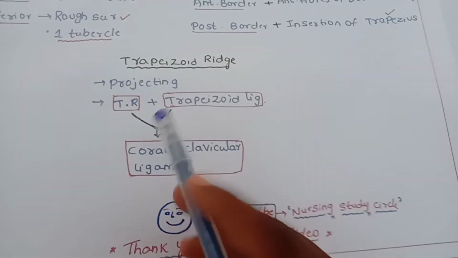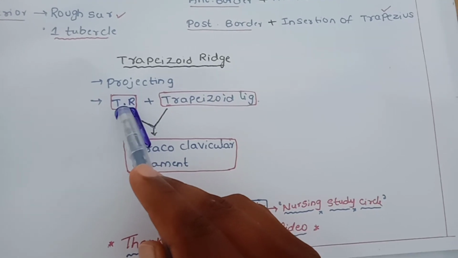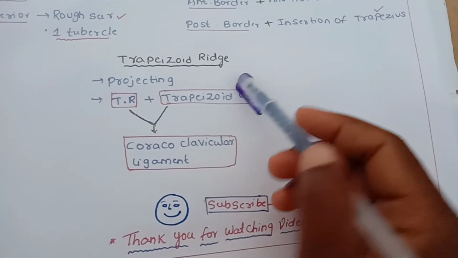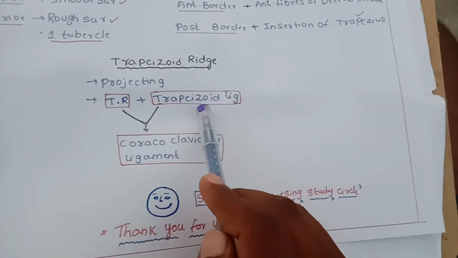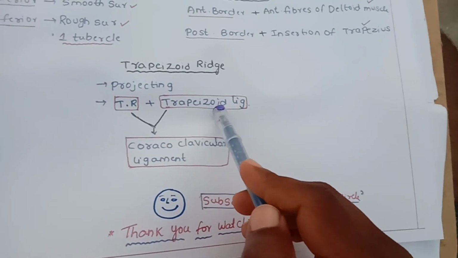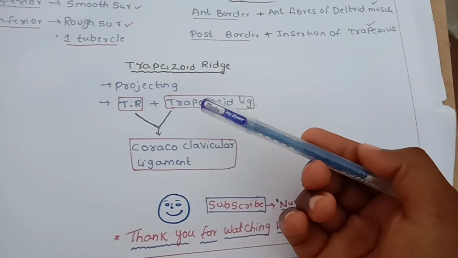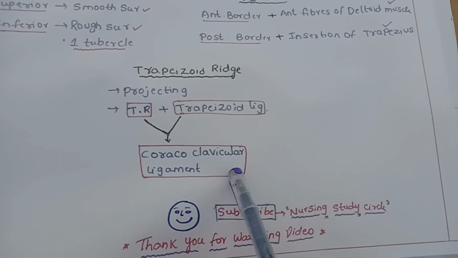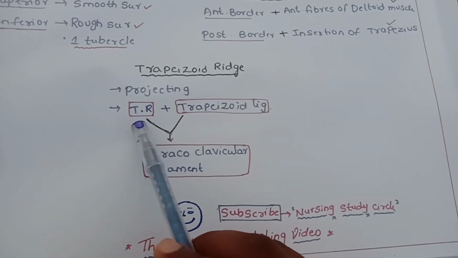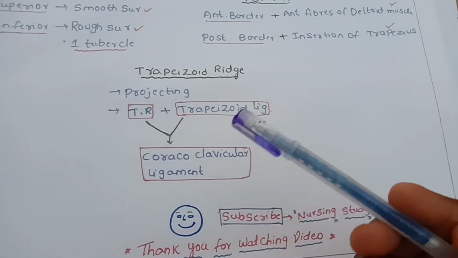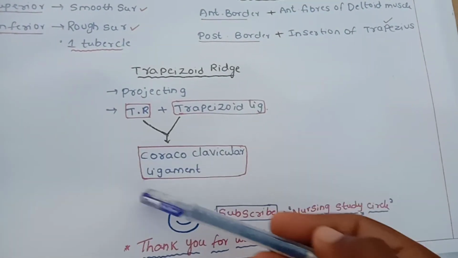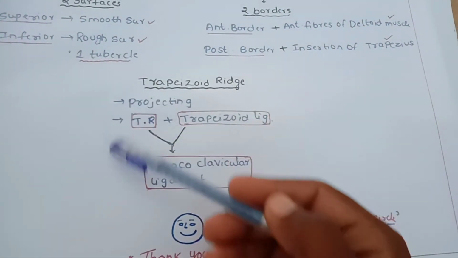The trapezoid ridge attaches to the trapezoid ligament, and they form a ligament that we call the coracoclavicular ligament. So this is the trapezoid ridge.